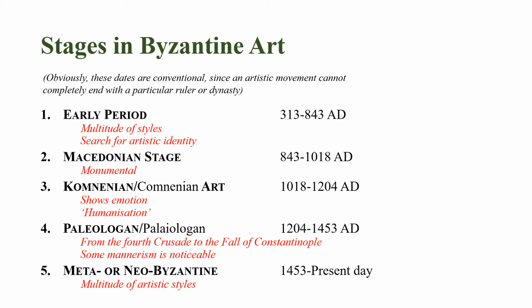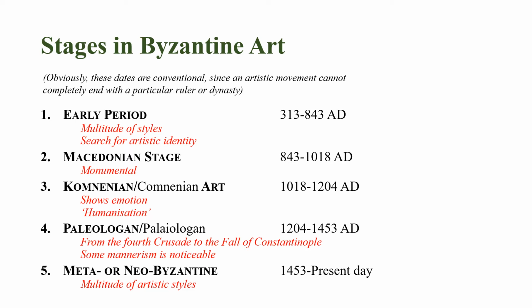Comnenian art, 1018 to 1204, shows some emotions on the faces of the persons depicted. One can speak about humanization of the Byzantine art. I have written about this in my book, Between Tradition and Modernity.